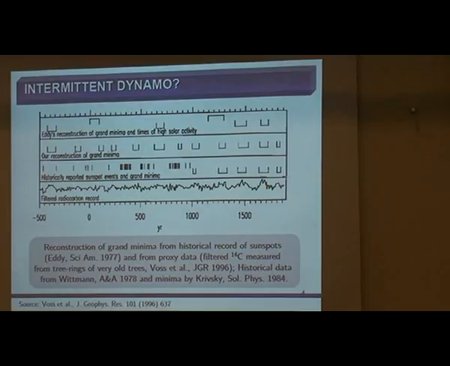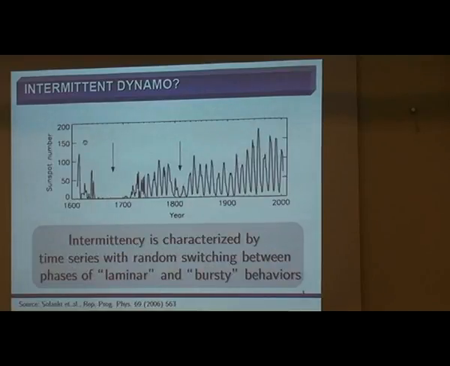The 11-year signal is seen in proxies for thousands of years. We don't discuss the amplitude, but the period. But I'm talking about the minima, not the cycle. The minima are very chaotically distributed.